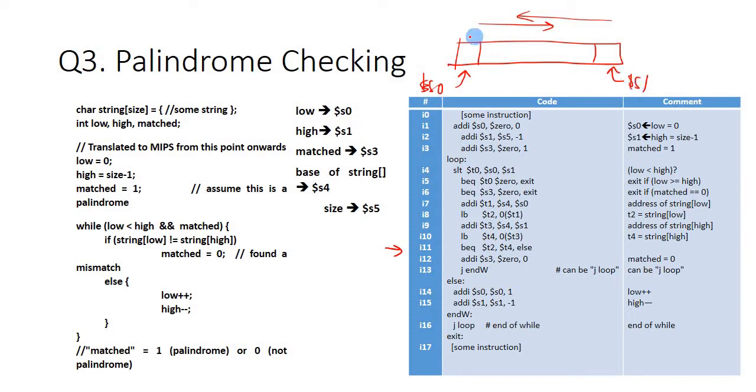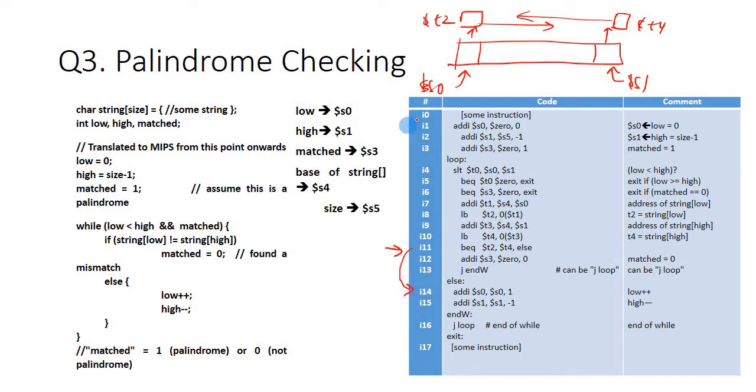The data is then passed on to T2 and T4. Basically the point where I check is line 11. So in line 11, after I load the data from both into T2 and T4, I check. If it's not a palindrome, I will take the branch to else.